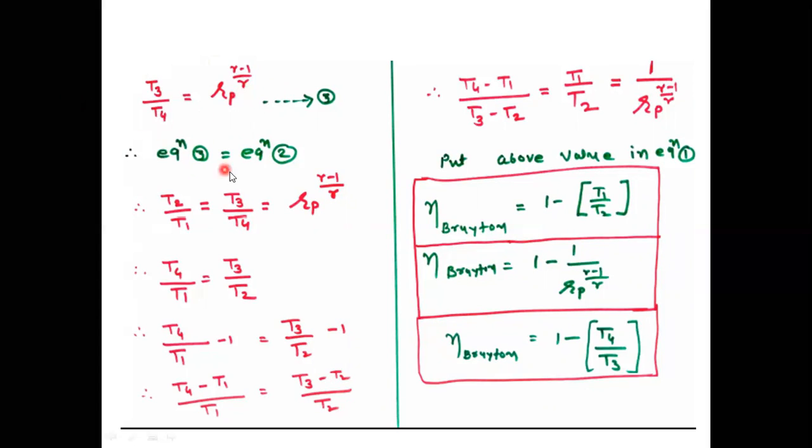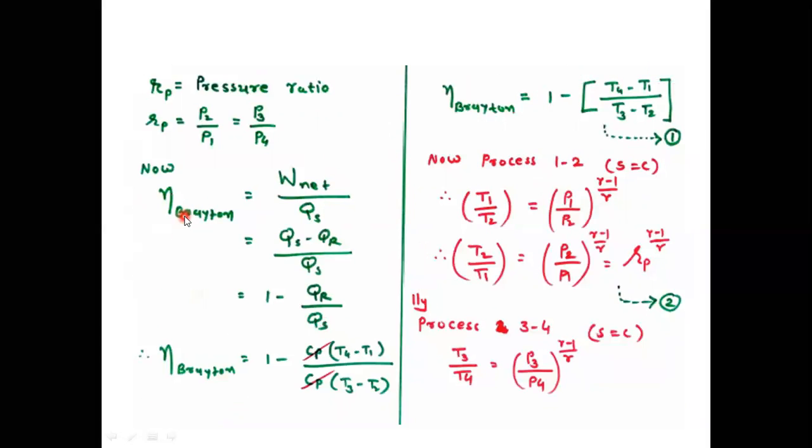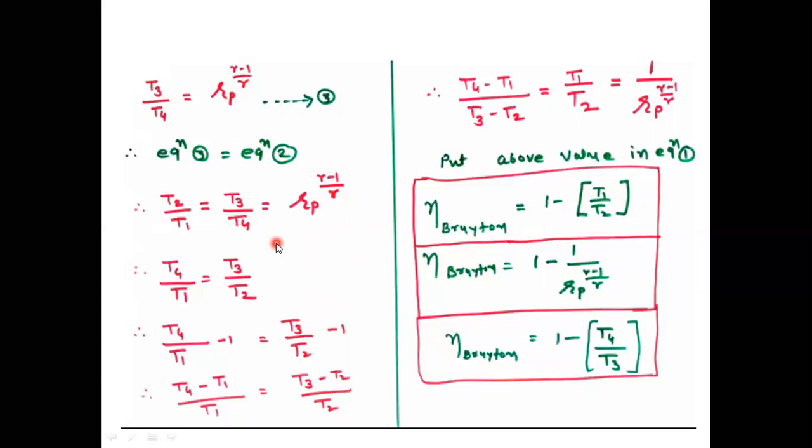This portion I take here. T3 by T4 and T2 by T1, both are Rp raised to gamma minus 1 upon gamma. Consider these two steps.